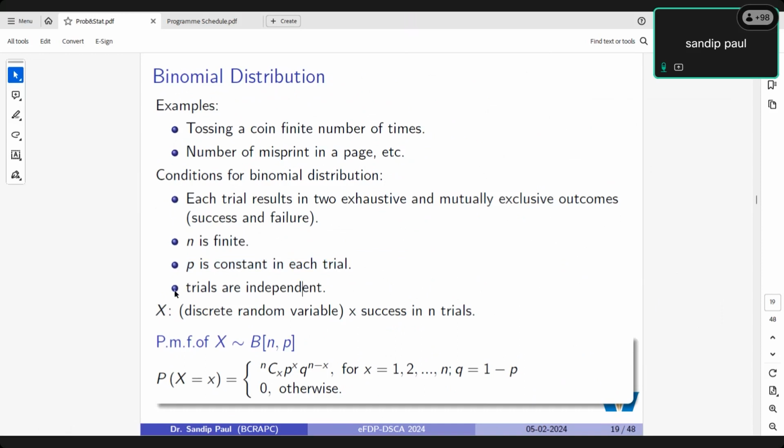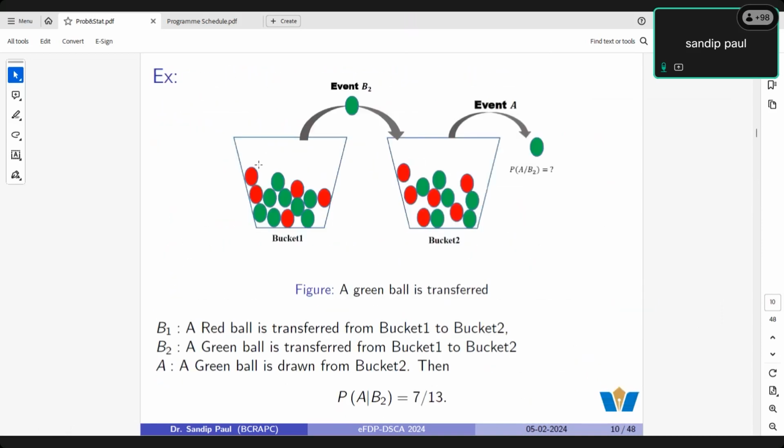For example, consider drawing a ball from a bucket without replacement. Suppose there are balls in the first bucket; ignore the colors, just consider the number of balls. There are 8 plus 5, 13 balls.